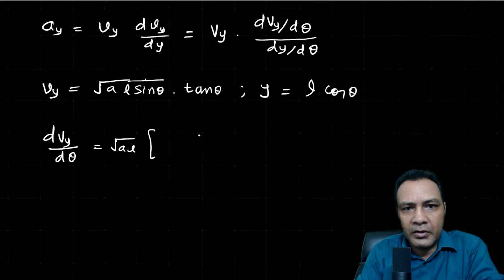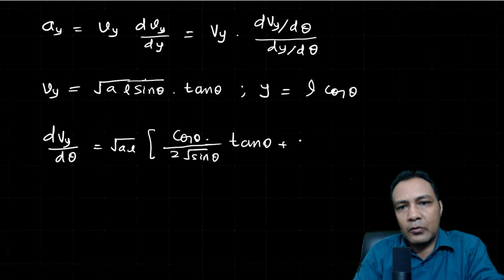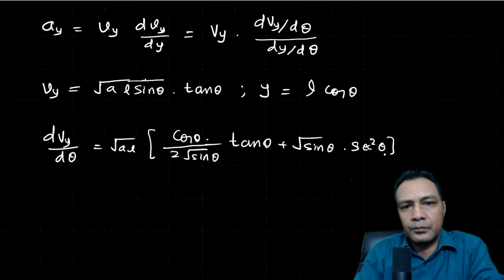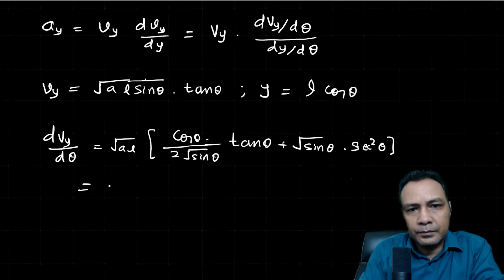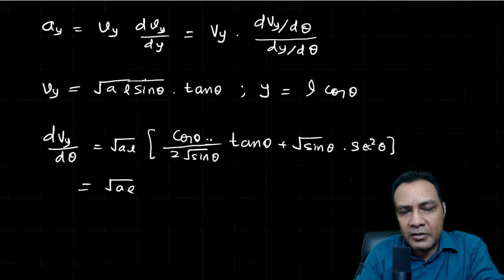The derivative of root sine theta will be cos theta divided by 2 root sine theta, times tan theta as it is, plus root sine theta times sec square theta. Here root AL, and you can see this tan theta is sine theta by cos theta.